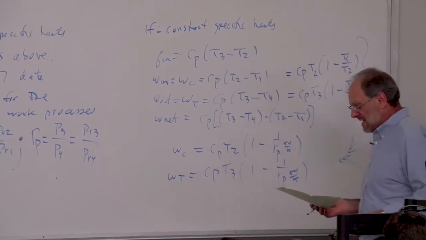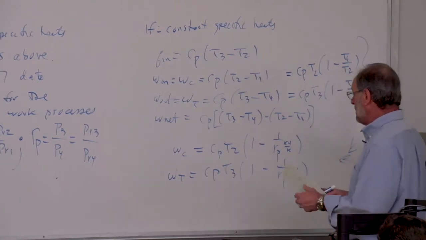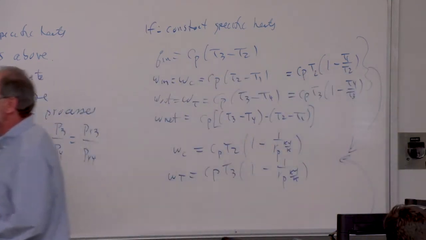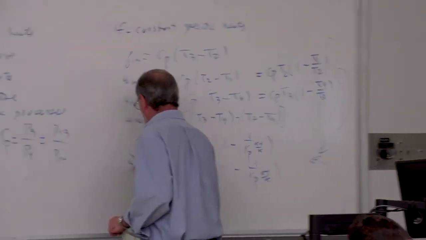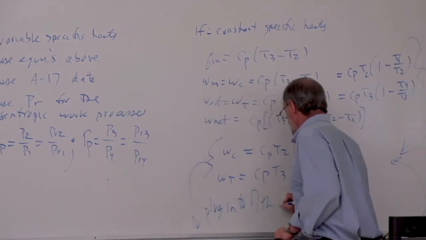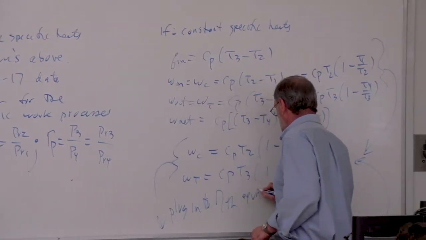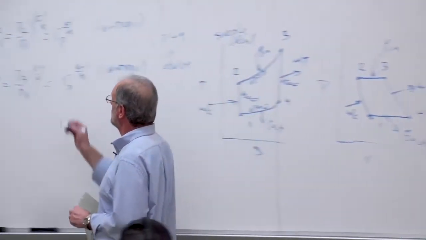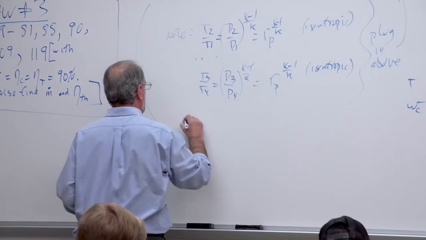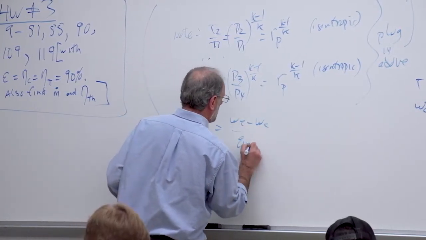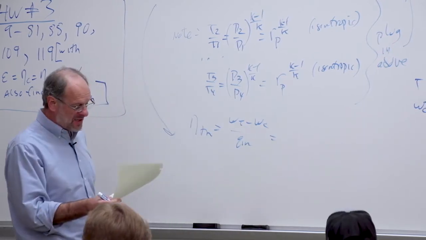Okay. And now, if we would like to, we can simply throw these into our efficiency equation. So I guess I need another arrow here. Plug into thermal efficiency equation. Okay, so the net work over the heat input is what has to go here.